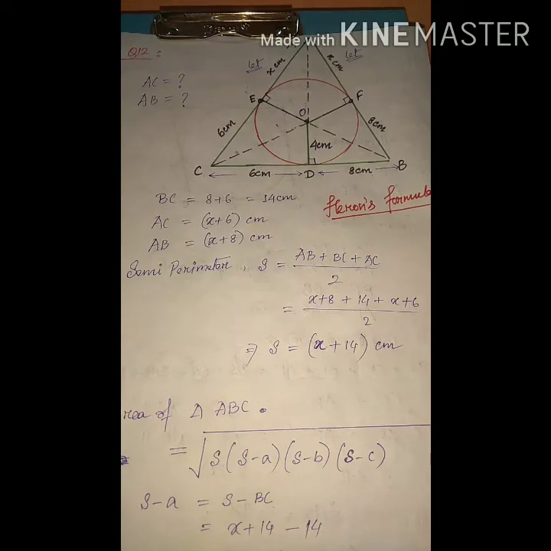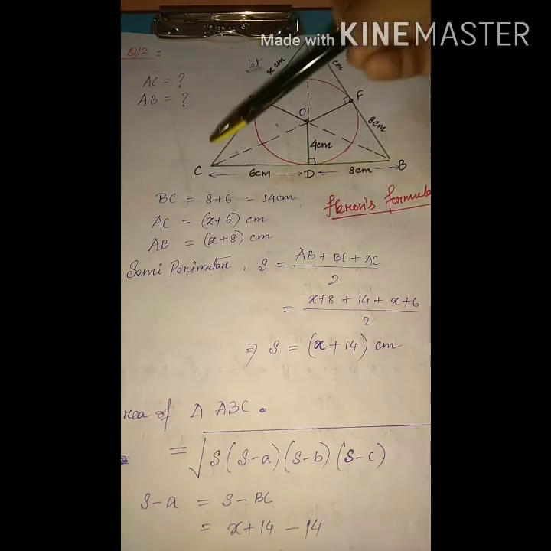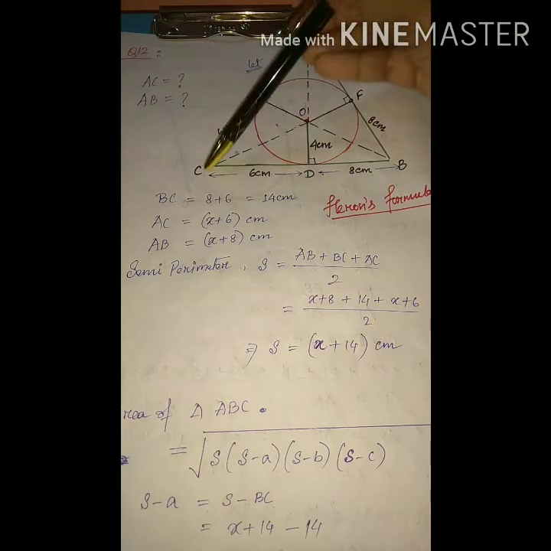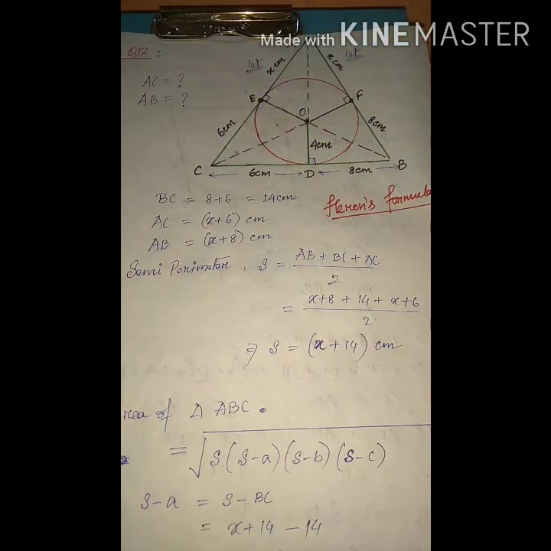After joining this, if C is the external point, CD is the length of tangent, and then CE is also the length of tangent, and we know the lengths of tangents from an external point are always equal. So if CD is 6 centimeter, then CE is also 6 centimeter. Similarly, if BD is 8 centimeter, then BF is also 8 centimeter. Is it clear?